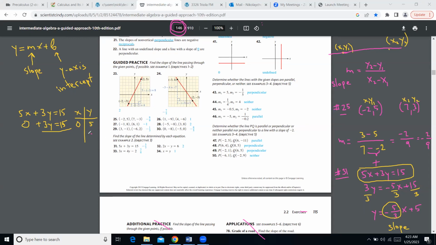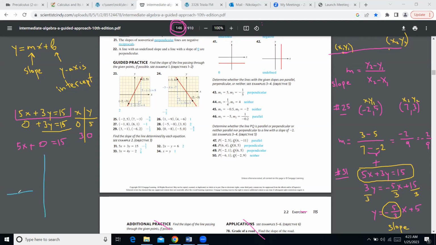So I try another 0, but now instead of y. When I replace the letter y with a 0 in this equation, I have 5x plus 0. 3 times 0 is 0, is equal to 15, and 5 times 3 is 15. So I got myself another point.